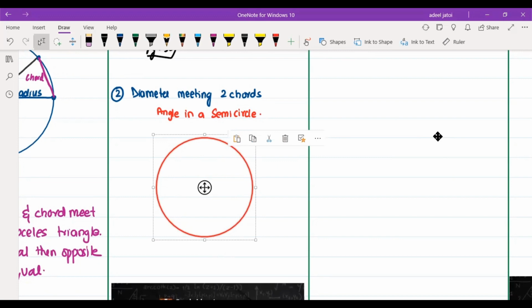So if this is your circle, let's work upon the center of the circle. Now, considering that this is your diameter, because a diameter connects the circumference points and also crosses the center of the circle.